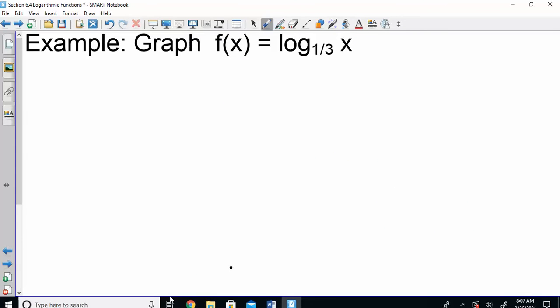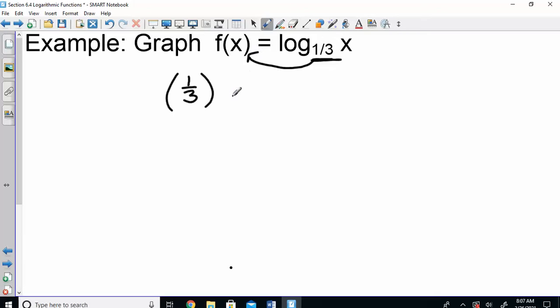So here is our first one. I want to graph f of x equals log base 1/3 of x. So if I were to change this to an exponential, you start at the 1/3.